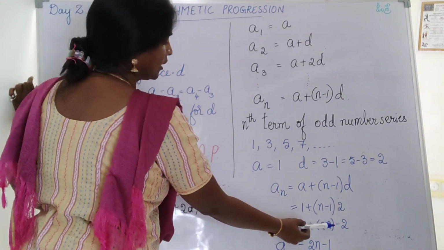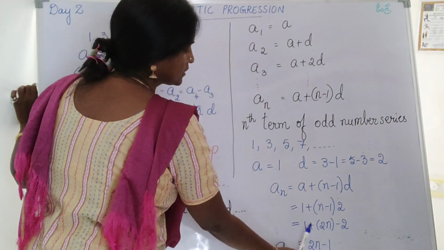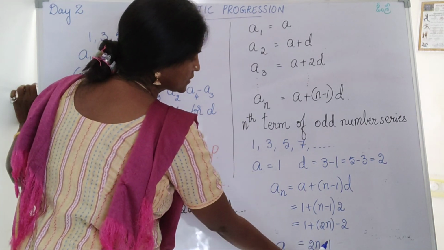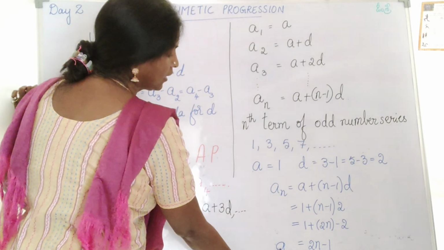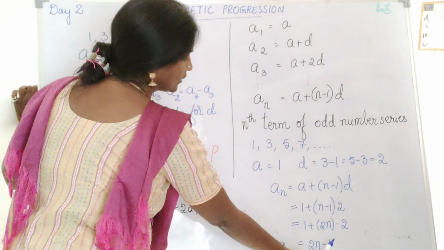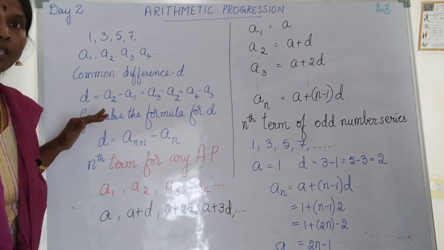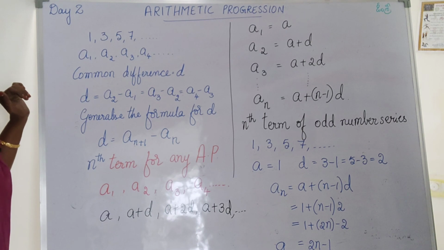So we get 2n minus 2, and subtracting the integers here, 2 from 1, we get minus 1, and finally the answer will be a n is equal to 2n minus 1. So this is the sequence in which we have to find out the nth term of any given series.